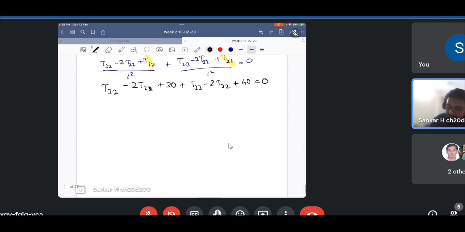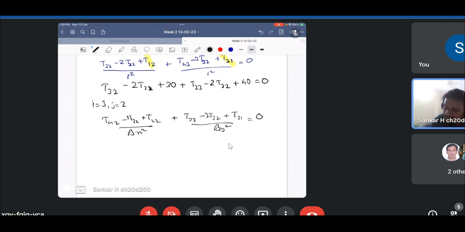Similarly, we would get the next set as: put i equal to 3, j equal to 2, we'll get T42 minus 2T32 plus T22 by delta x square, plus T33 minus 2T32 plus T31 by delta y square should be equal to 0.